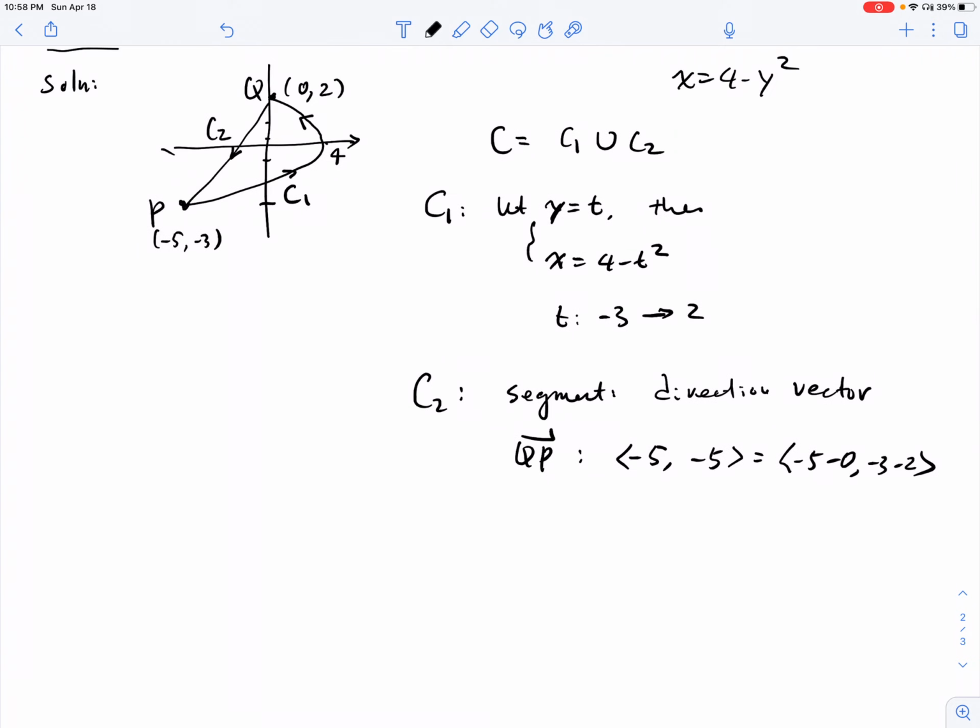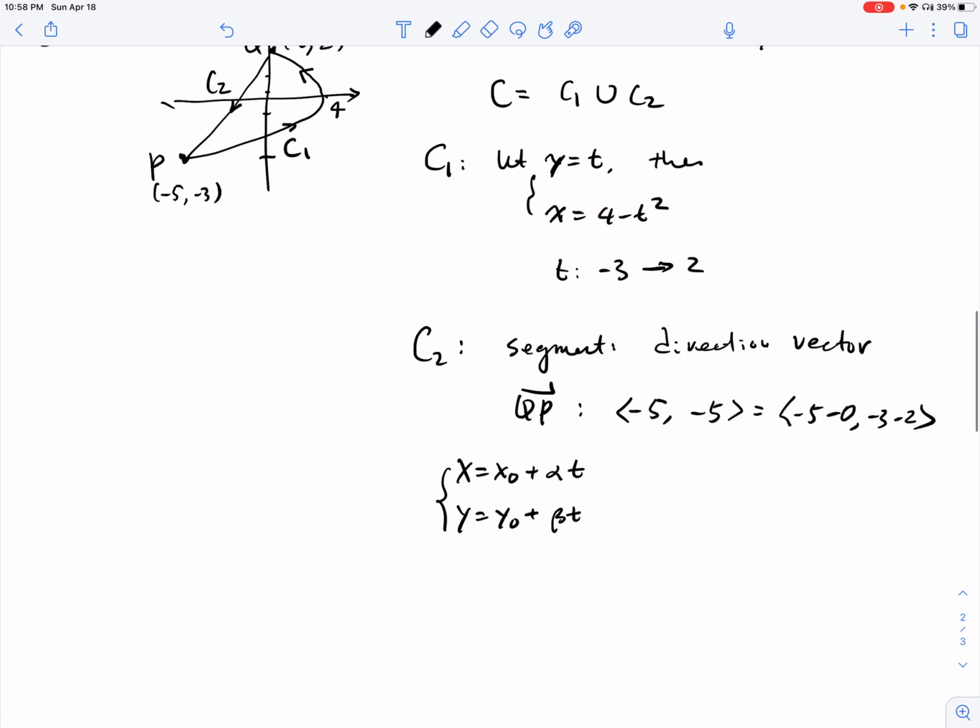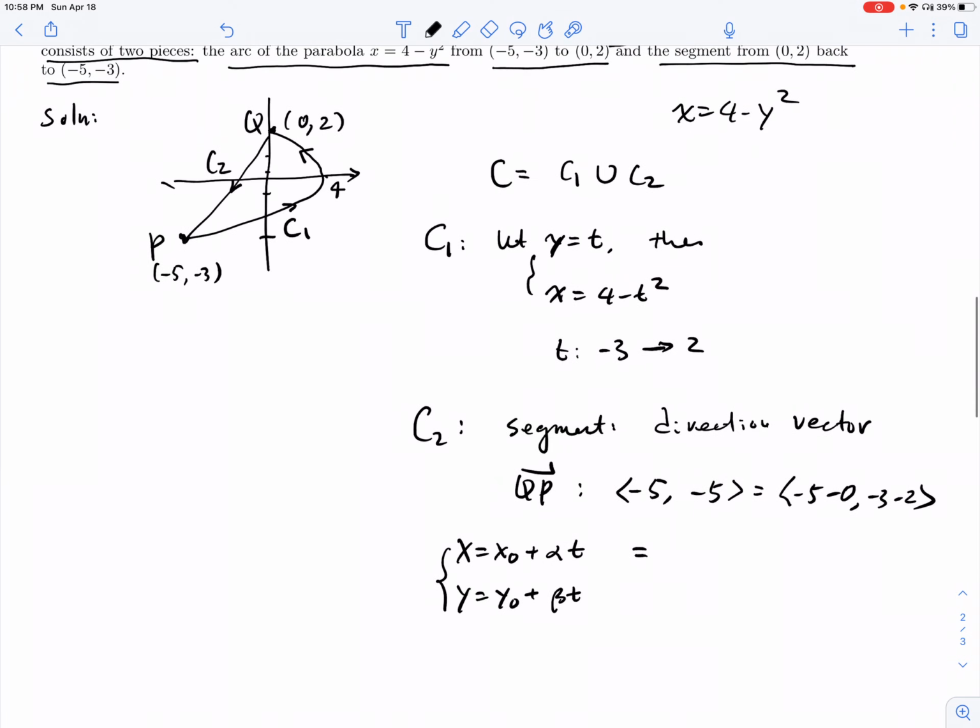And then we can write down the equation, because x is going to be x naught plus alpha t, and y is going to be y naught plus beta t, right? If it's in 3D, then we have another gamma. And for x naught, we can choose any point. We can choose (0, 2) there. So it's going to be x = 0 plus negative 5t, and y = 2 plus negative 5t.